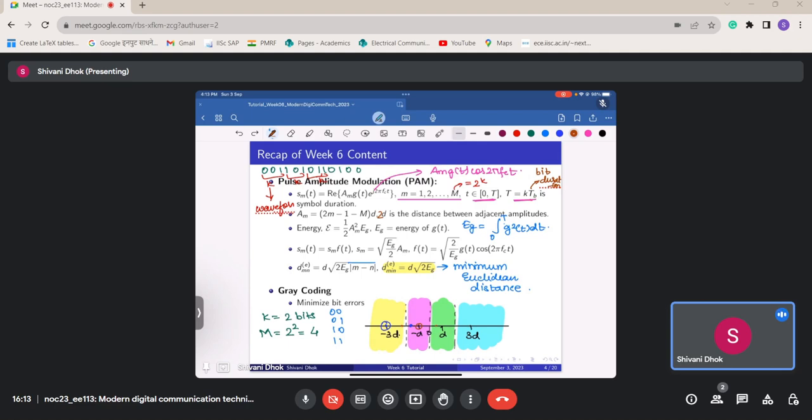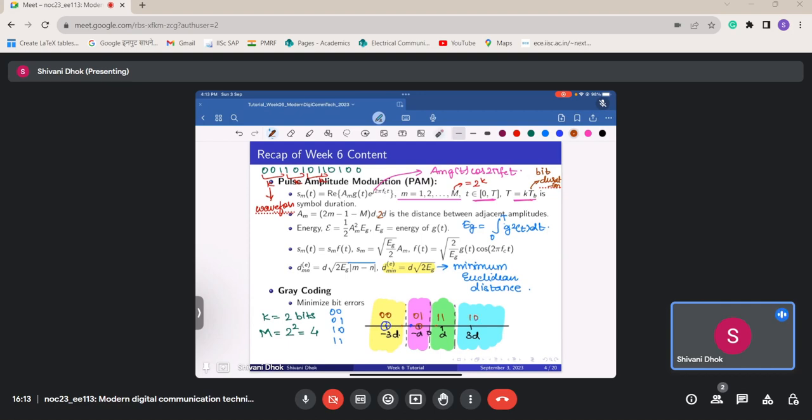So in order to reduce the bit error, these consecutive constellation points are assigned those bit streams which vary only by one bit, and that is given by gray coding. So we can have 0 0 assigned to minus 3D, 0 1 assigned to minus D, 1 1 assigned to D, and 1 0 assigned to 3D.